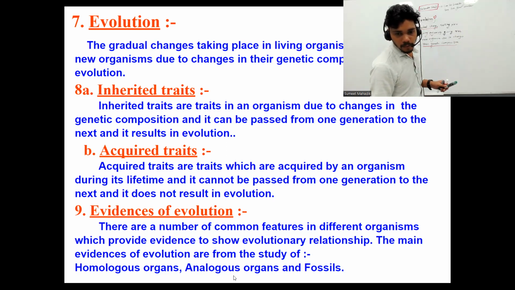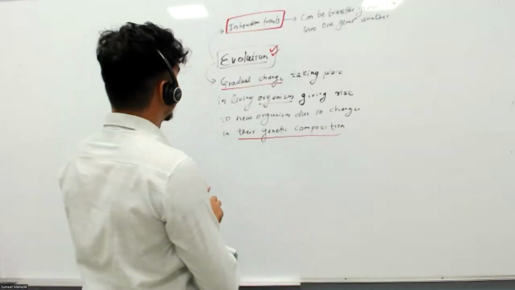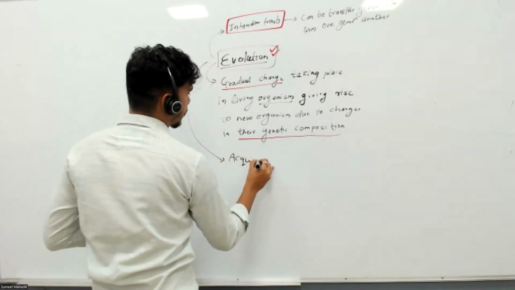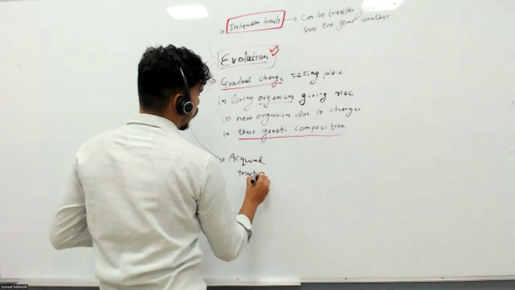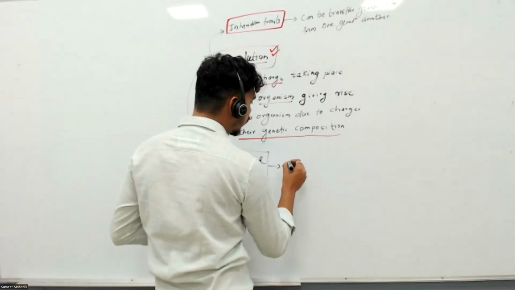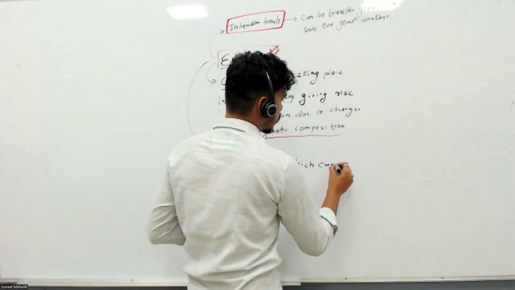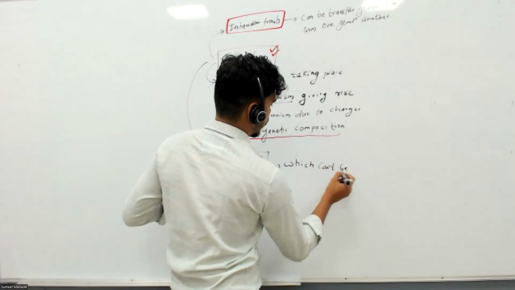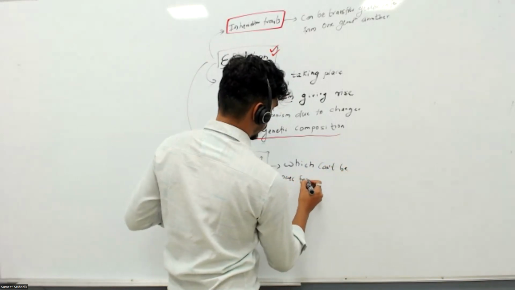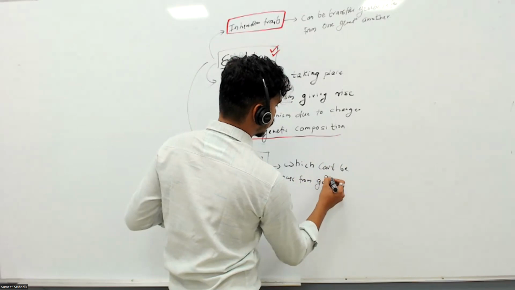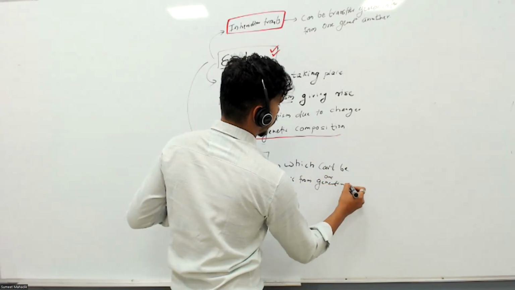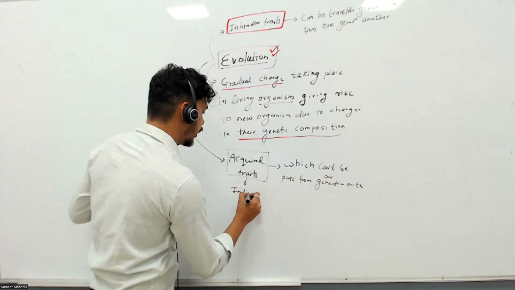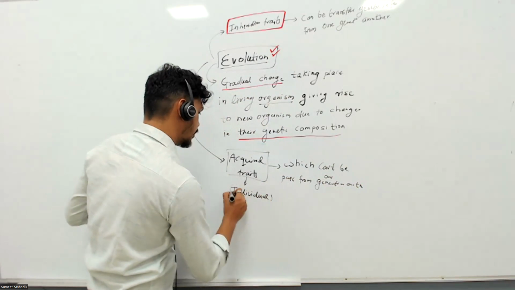Okay, we are going to talk about the acquired traits. So in evolution, there are acquired traits. What are the acquired traits? Those which cannot be passed from one generation to another, but are contained in the individual's presence.